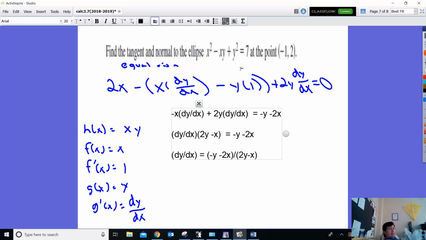Actually, this one's pretty easy for the next part too. You were lucky enough that in the text, they gave you both points. So your slope is pretty easy to find. Your slope, your dy dx, however you want to call it, is negative 2 minus twice a negative 1, sitting over twice a 2 minus a negative 1.